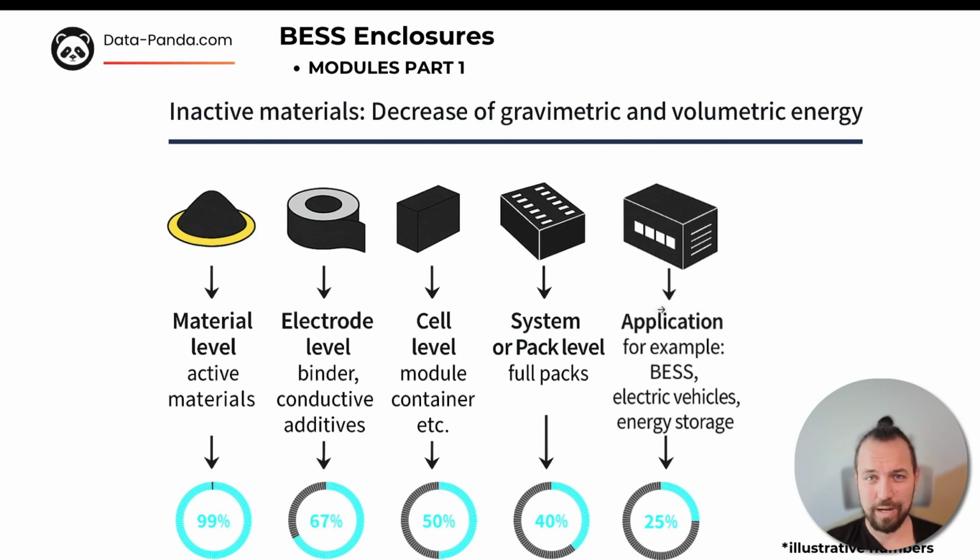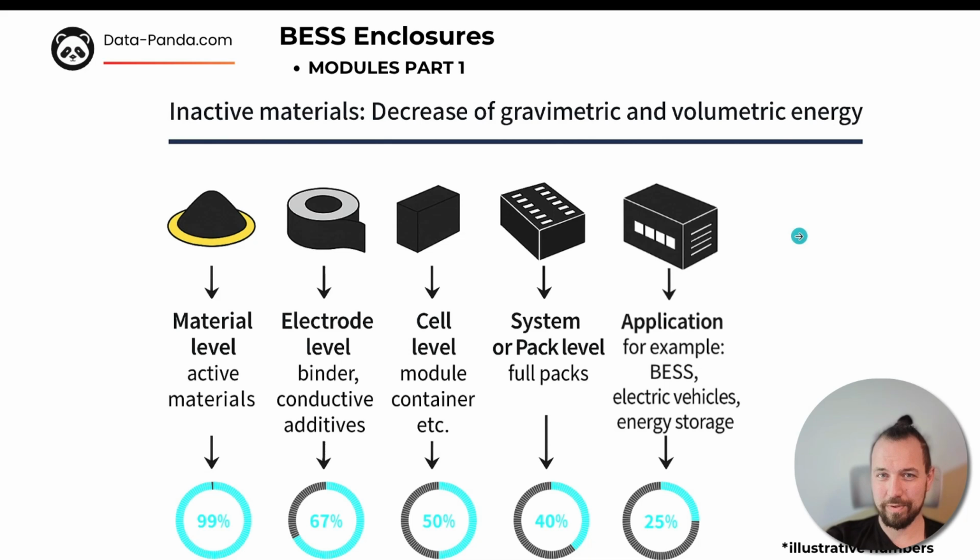This explains why only about 20 or 30% of the final system mass or volume is actually storing energy, and we have a lot of additional costs that don't bring any value to us. So the idea is battery innovation is not only about battery chemistry, it's also about reducing waste at every integration level. We already touched on it when we were talking about 5 and 6 MWh containers.